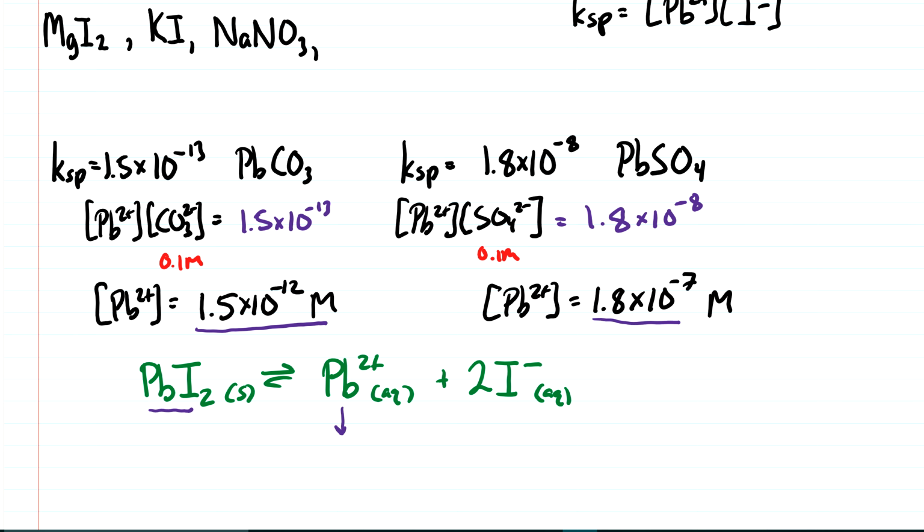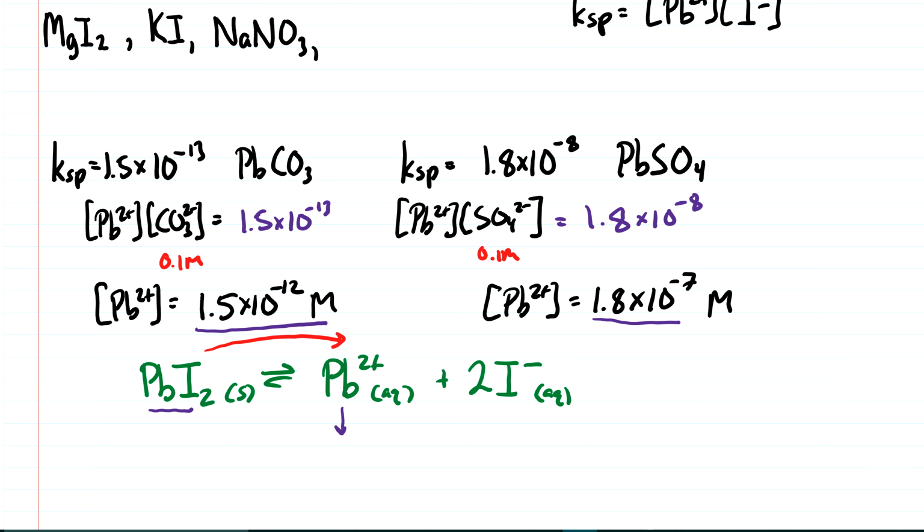But because the number for the first one is so much smaller than the one for the next one, it means that more lead ions would be removed from solution as the lead iodide is being added, which means that there would be a greater extent of the chemical being dissociated that way.